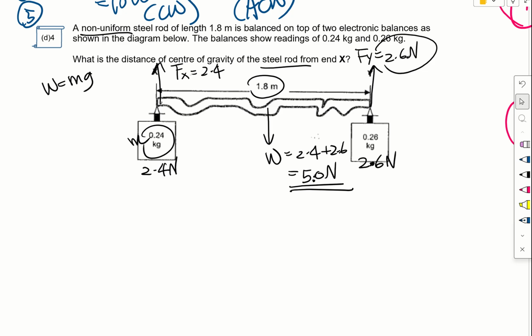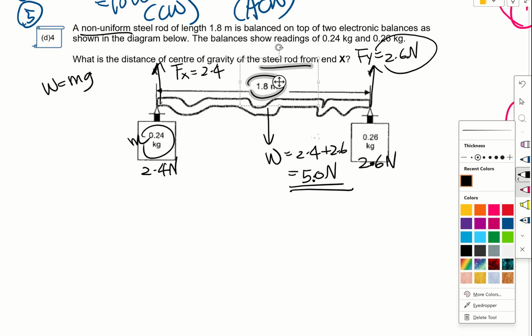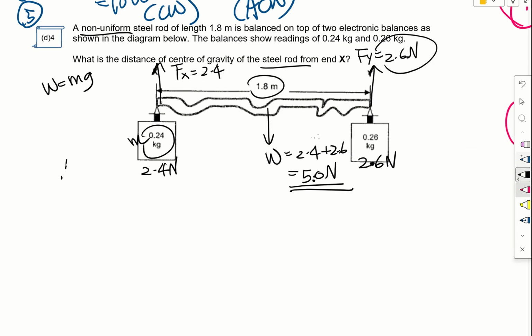So step 1, because now there are two support points, you have to choose your pivot. Because they want us to find the distance of the center of gravity of the steel rod from NX, I'm going to make this distance the distance that we want to calculate.